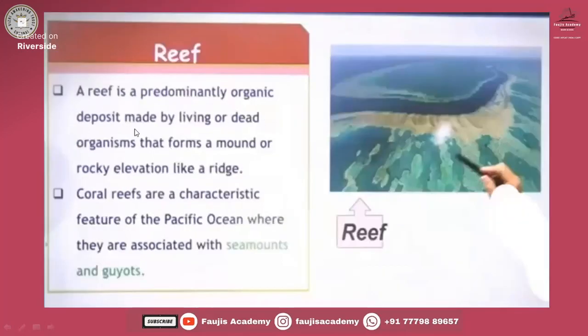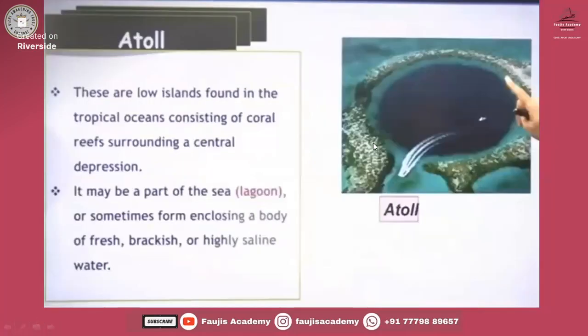And reef, it is a deposit made by a living or dead organism that forms a mound or rocky elevation. So reef means what? Dead materials, that deposition is happening. So that is reef. If that deposition happens, here many reefs will be there, and also some dead parts will be enclosing, like in this part.